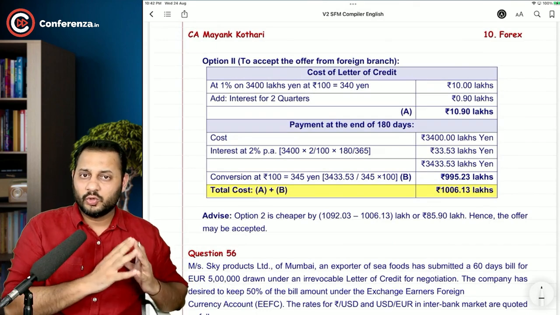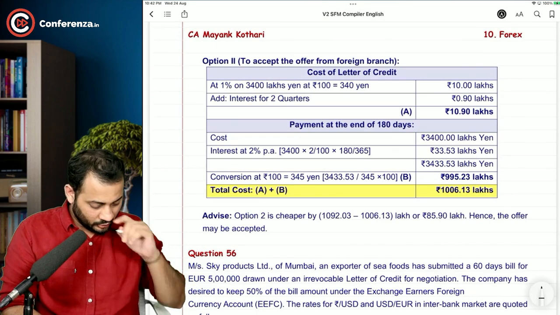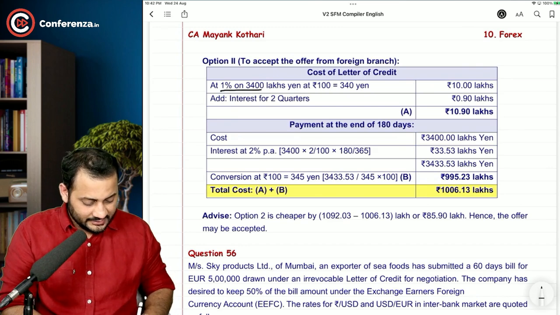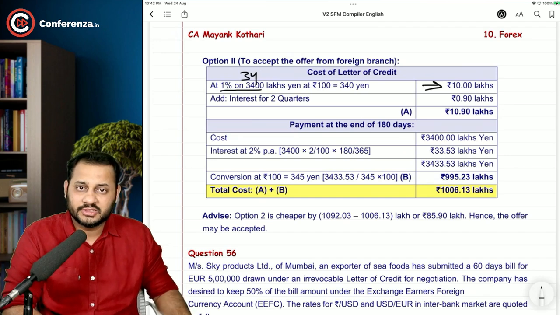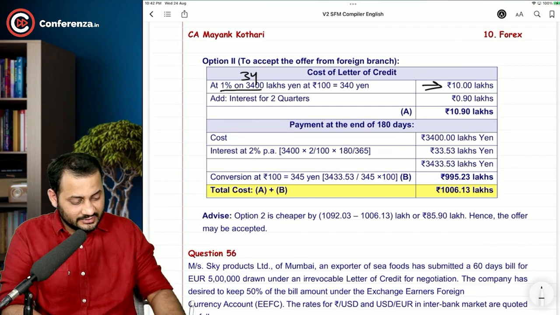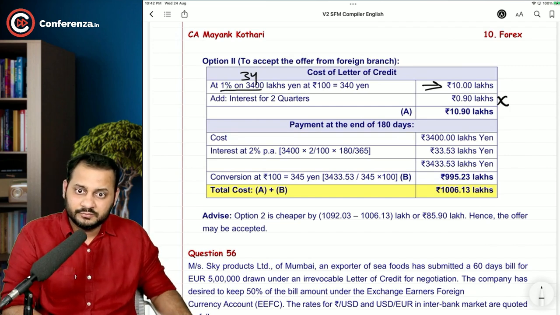The offer from the Osaka branch should be accepted or not. In order to open the LC, we will have to make a payment of 334 lakh yen, which will be purchased by paying 10 lakh rupees. Okay, 10 lakh rupees. And this answer is wrong by the institute.